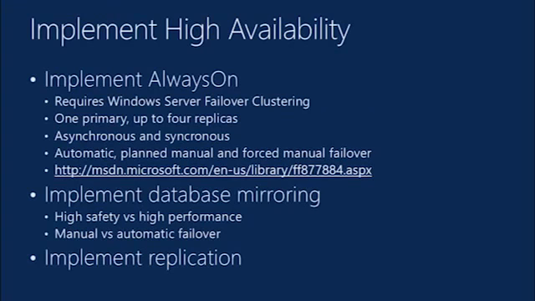One primary and up to 4 replicas. And just like with mirroring, I can make the updates synchronous or asynchronous, so a 2-phase commit, or we're going to commit it to the primary first and then worry about updating the other ones later. We also, because it's built on top of clustering, have the ability to do an automatic failover, or we can do a manual failover and a failback as needed.